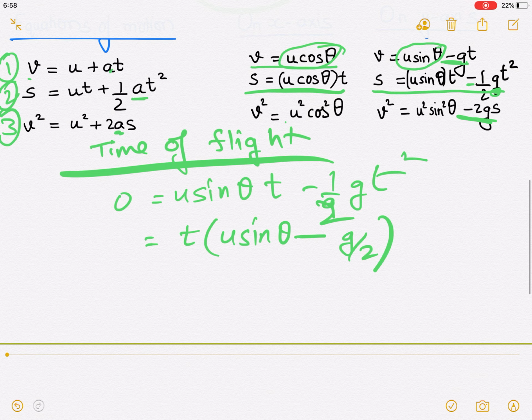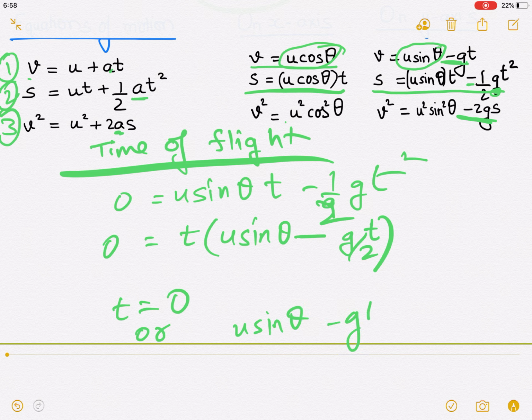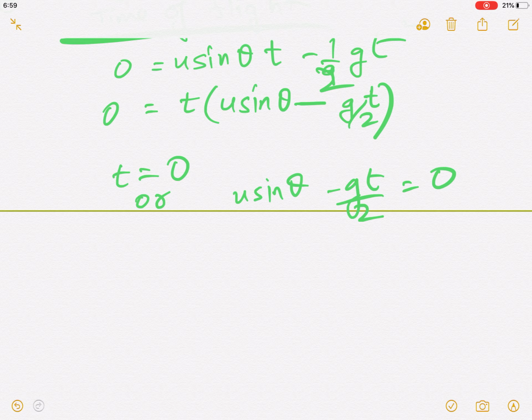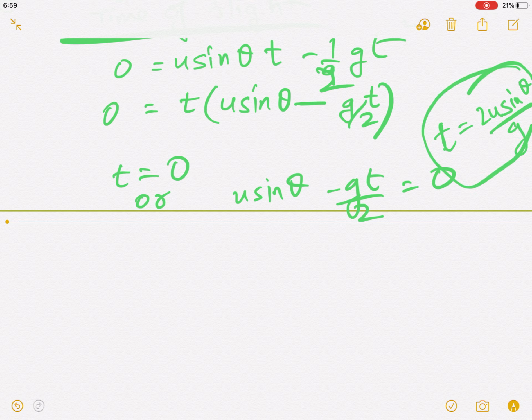From this we have either t equals 0, or u sin theta minus g t by 2 equals 0, and this shows that t equals 2u sin theta over g, which is nothing but the time of flight.